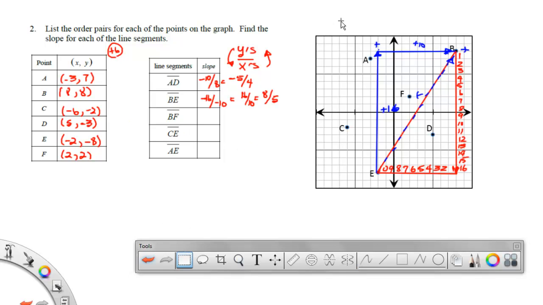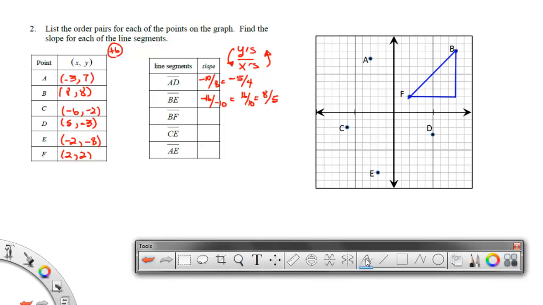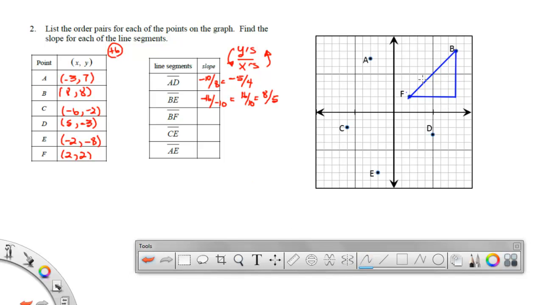Okay, let's go ahead and do the next one. So B and F. B starts there. And now let's draw our horizontal and vertical components. Now which one do we count first? Always count the y, the vertical change, first.